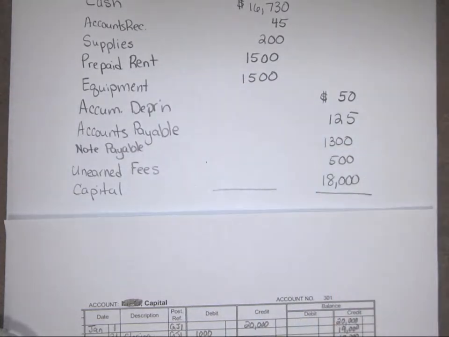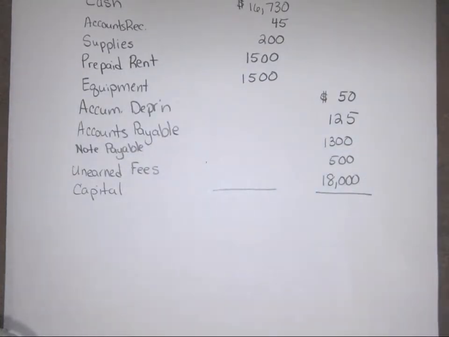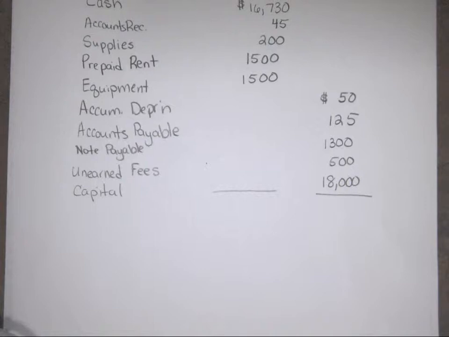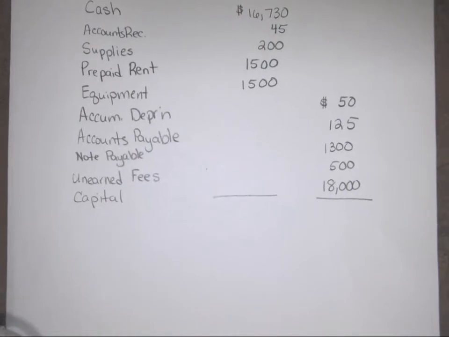And now it's time to figure out if we are in balance or not, or if we've made any mistakes. So in doing this, let me find my calculator real quick.